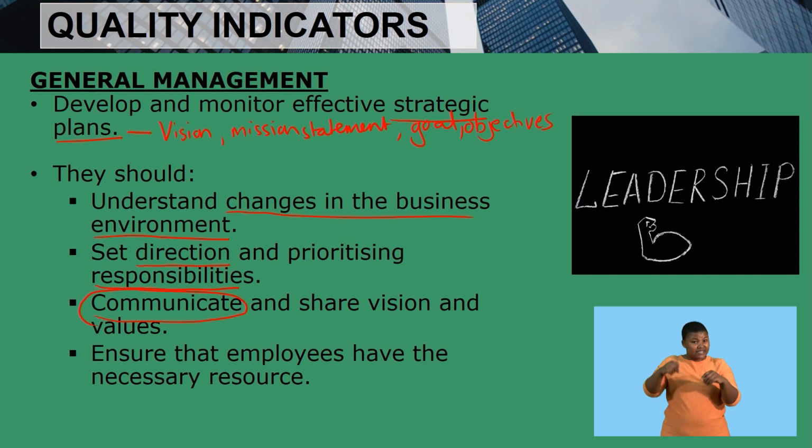And lastly, they must make sure that the employees have all the necessary resources they need to perform their task, whether it be employees, raw materials, or money. It is general management's responsibility to make sure that all the employees have what they need. If they can meet these responsibilities, it is a sign or an indicator that they are doing a quality job.